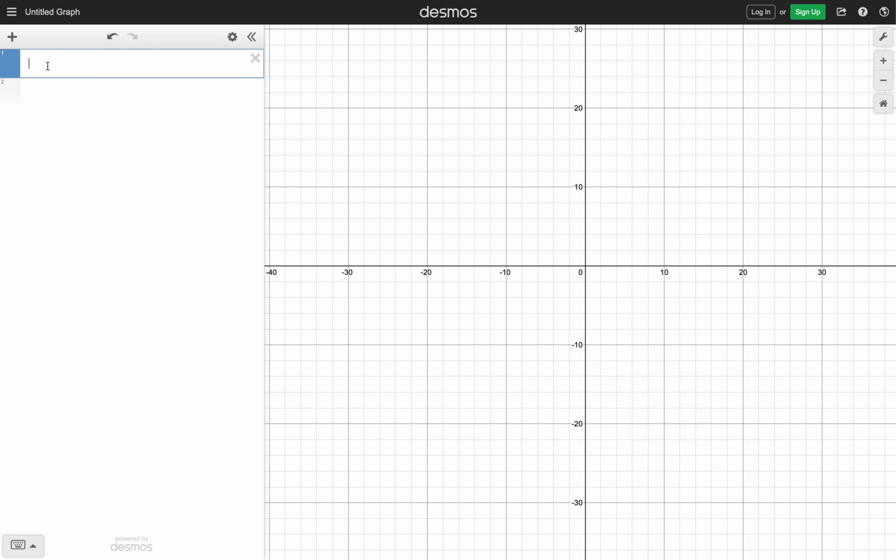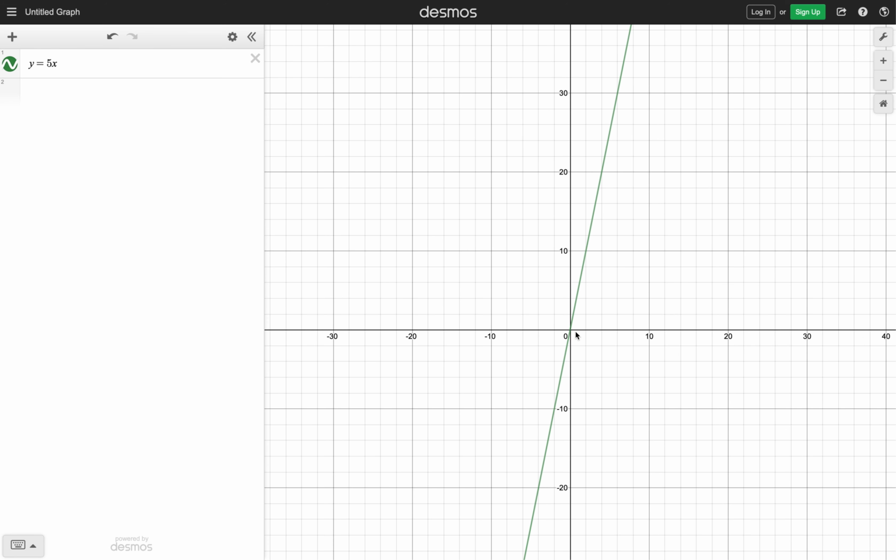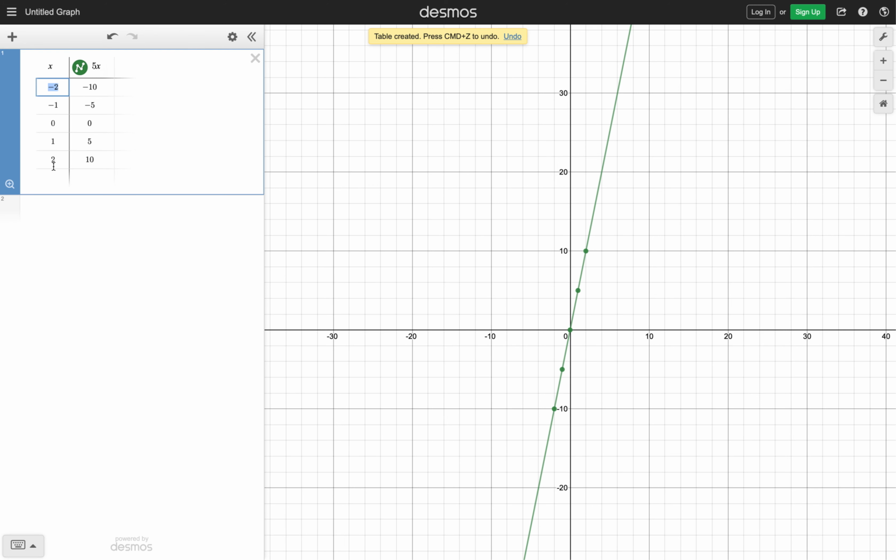And for number 41, we have y is equal to 5x. This is going to have symmetry and it's going to run through the origin. So you got 0, and we got negative 1, negative 5. This is going to be a case of an odd function.